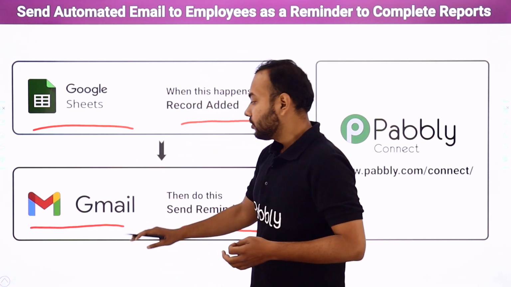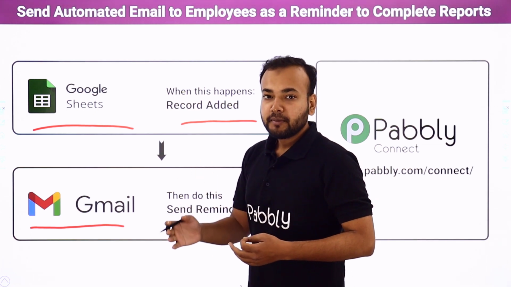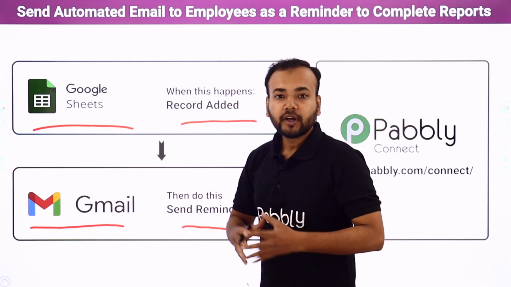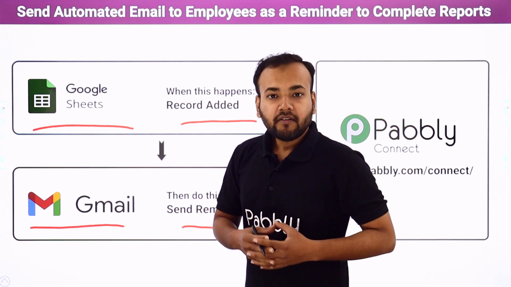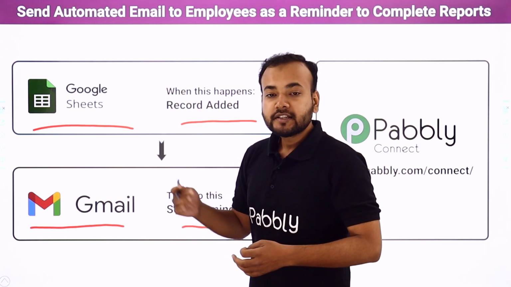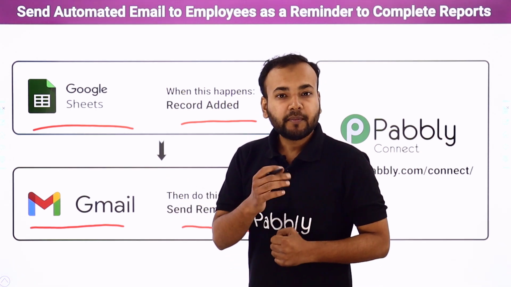Then you come to your Gmail account and manually compose and type a reminder message for that employee and send the email reminder. But if you have hundreds of employees and many other tasks to do, this manual process can consume a lot of your time and energy. So we have a better way.